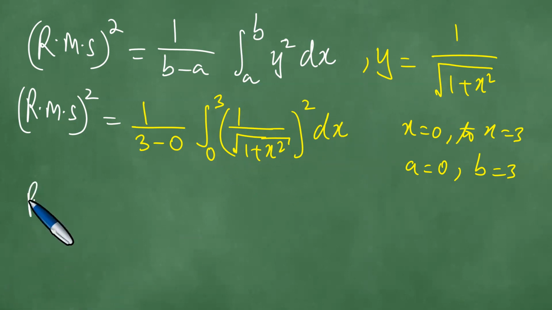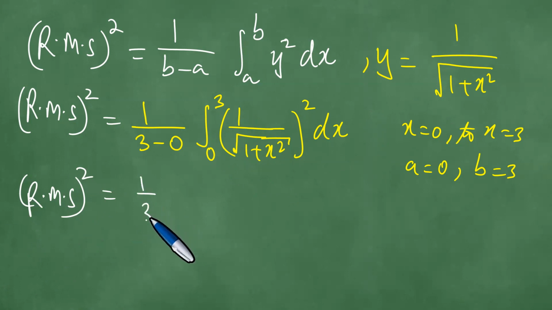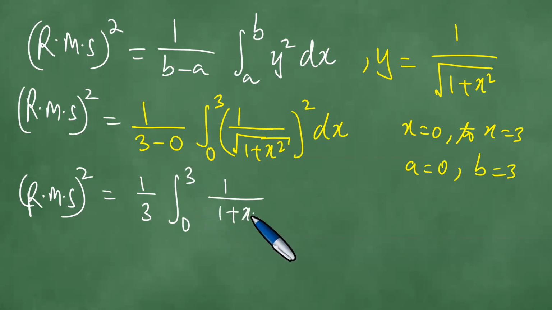So this is the root mean square. That you square is 1 out of 3, the integral from 0 to 3. If you square the square root, it becomes 1 plus this. So what is the integral of this?